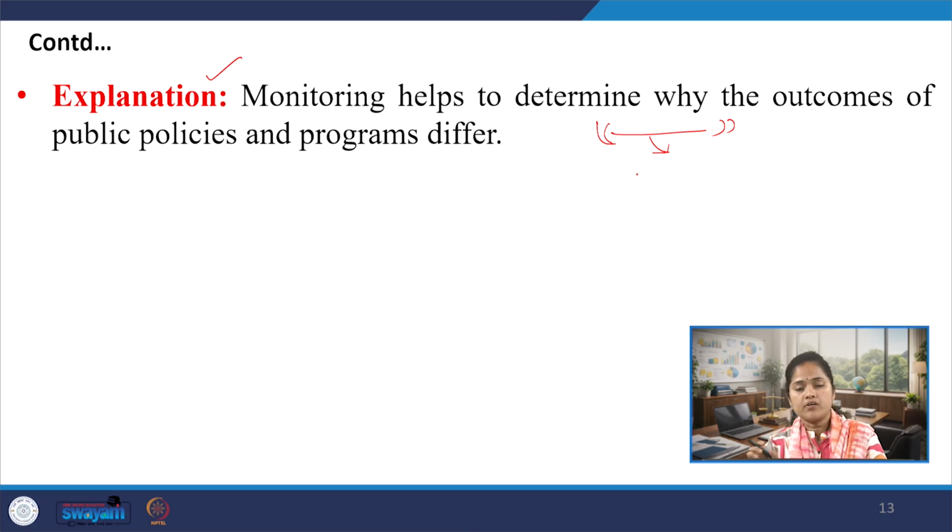If we find there is a failure in the policy implementation, then they can rethink or change the policy design, or rethink the policy tools. They can think about whether the objectives and targets are rightly set or not. All these are helpful in explaining, and through explanation all these are helpful for the policy monitors.